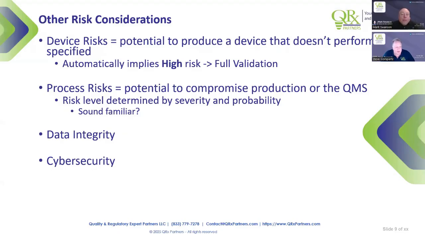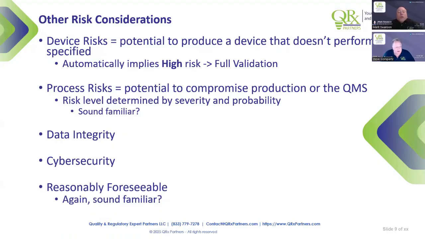That's an element of cybersecurity. So you need to be thinking about how we are protecting the system from unintentional changes or undermining what it does. They also use this terminology in the guidance: they expect you to look at what's reasonably foreseeable, right? So you do need to think broadly, not just think happy path. This is the only thing that could happen, right? That'll never happen.